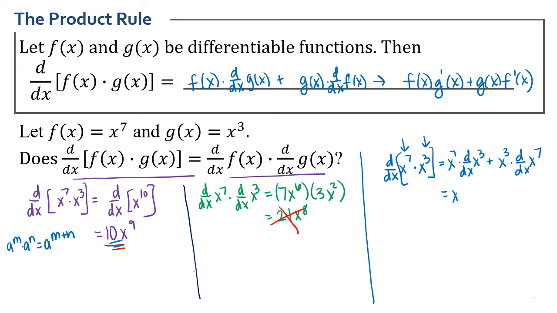So that gives me x to the 7th times 3x squared plus x cubed times 7x to the 6th power. Using exponent properties, this gives me 3x to the 9th plus 7x to the 9th. So I have in total 10x to the 9th. That matches up. Yay! So this is the product rule.